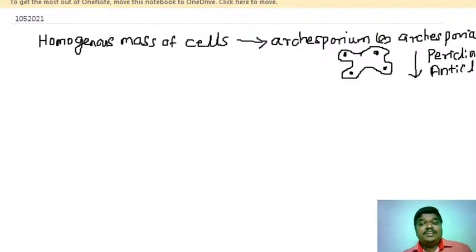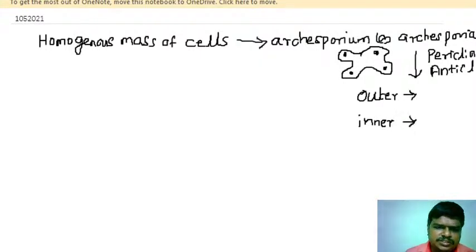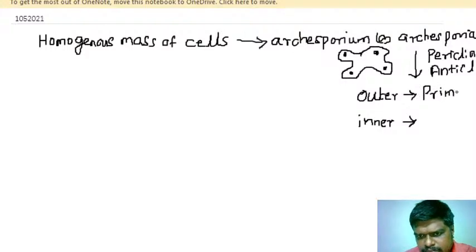And these archisporial cells form 2 structures. Outer, it forms certain structures, whereas inner, they form other structures. In the outer, they form primary parietal cells. Whereas inside, it forms primary sporogenous cells.